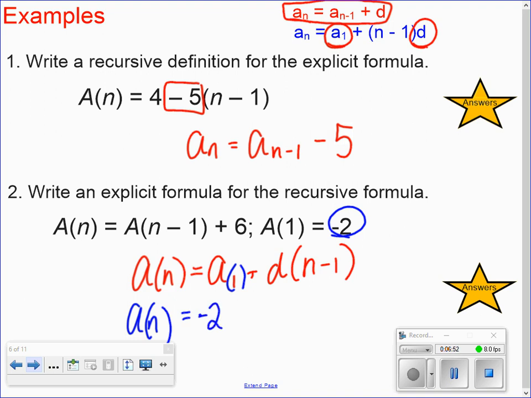So negative 2 plus, we need our common difference. We get our common difference from right here, so that plus 6 times n minus 1. So the only two things that we're really going to replace in our explicit formula when we're writing a generic formula is the first term and the common difference.